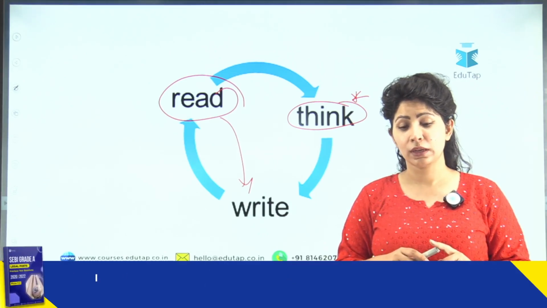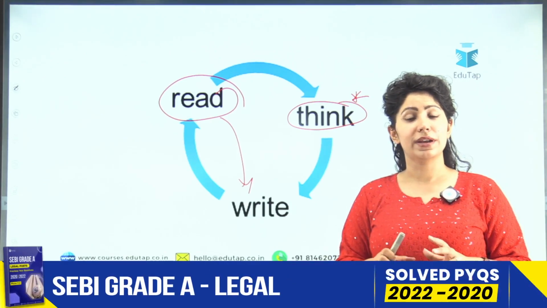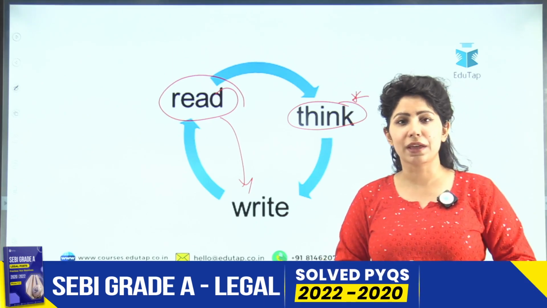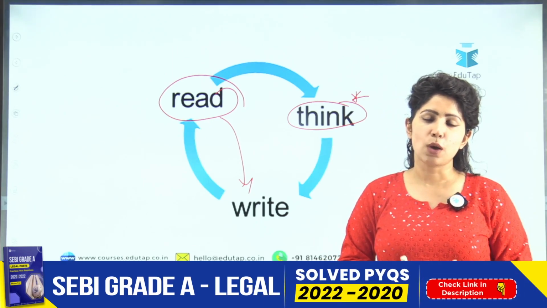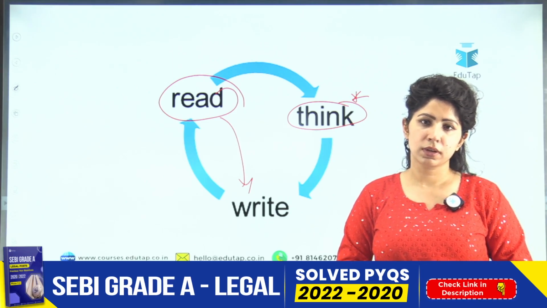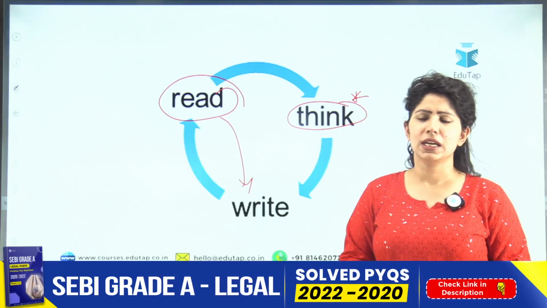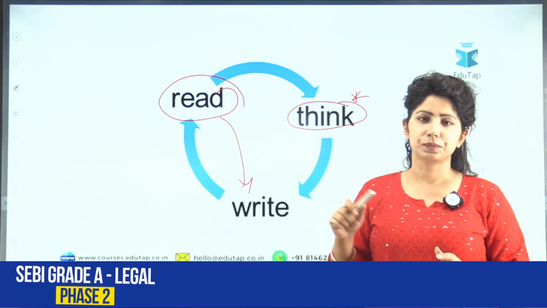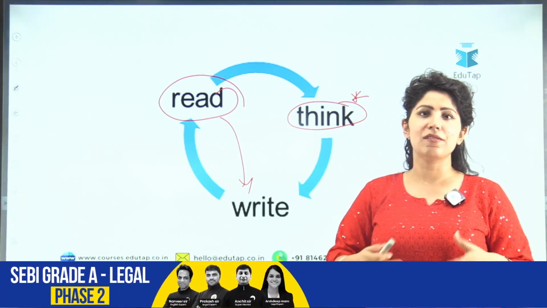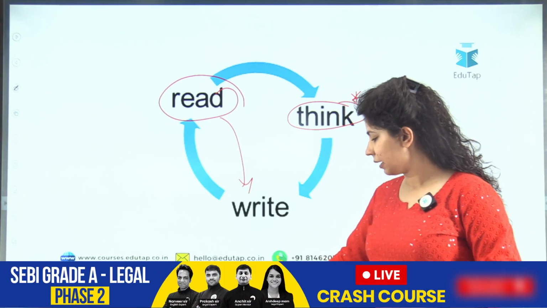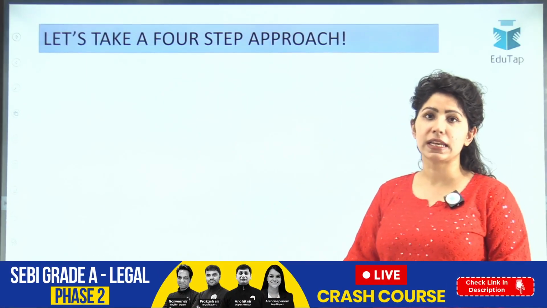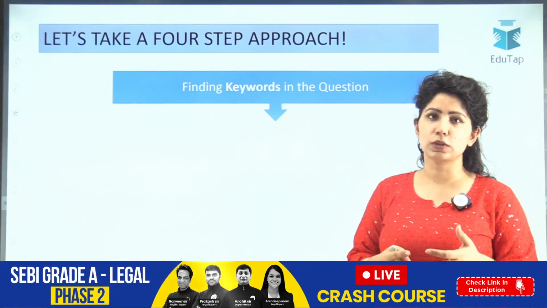When some regular act, for example the Insolvency and Bankruptcy Code, is asked from us, how do we choose to write it down? How do we choose to present it? Because everybody is presenting the same information. The structure, the order of points, everything we will be discussing here so that you make it to the final list. Here we take a 4-step approach.